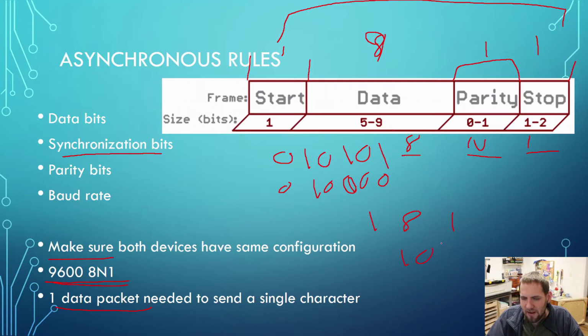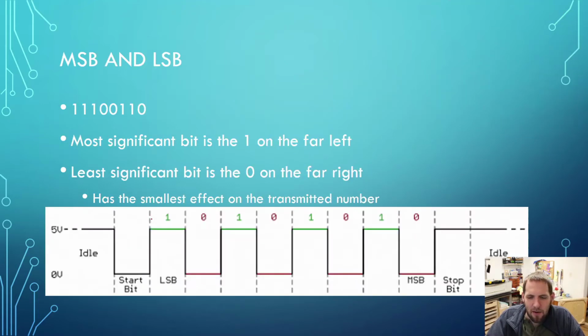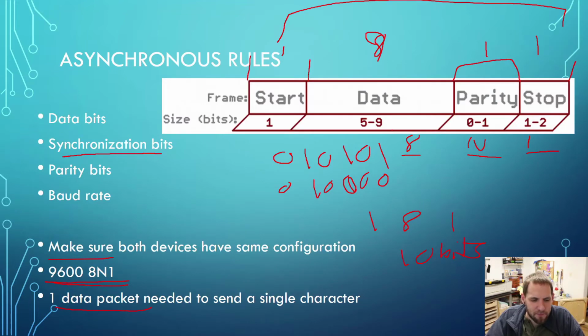So we'd be sending 10 bits of information to send a single character, the letter A or whatever it is. Now we have talked about the baud rate already. Based on that little chart, 9600 is probably the most used baud rate. I think they figured that it's quick enough for sending small bits of information, but low enough that you can get a decent cable run out of it, if I had to guess.